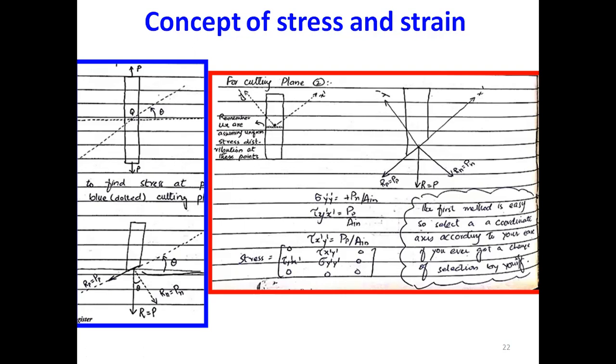So both stress calculations are correct. It just depends on which coordinate frame you are working in. If I say to you to solve this problem in the x and y coordinate frame, you should have only one value. And I could also say solve this problem in x prime y prime, both would be correct.